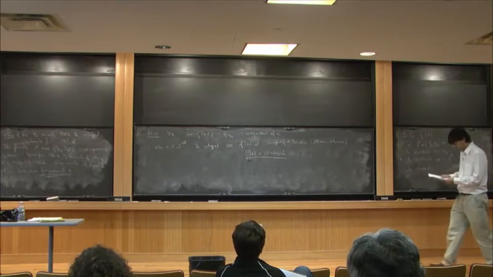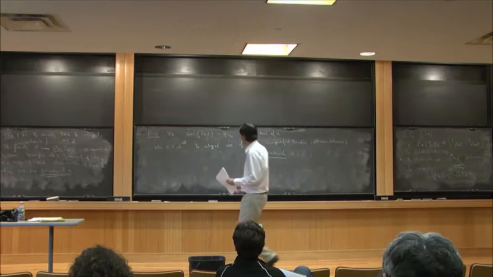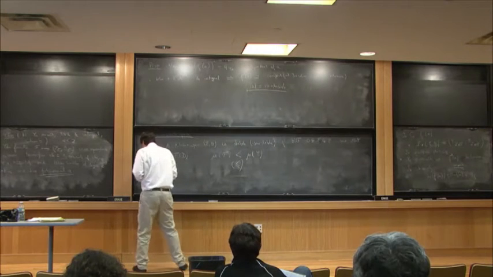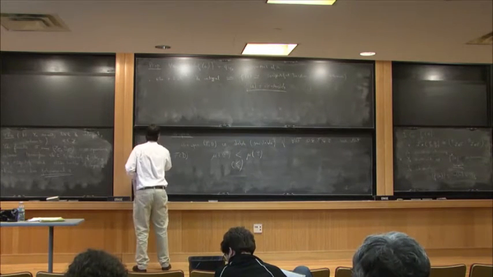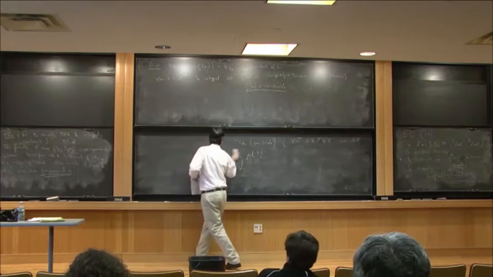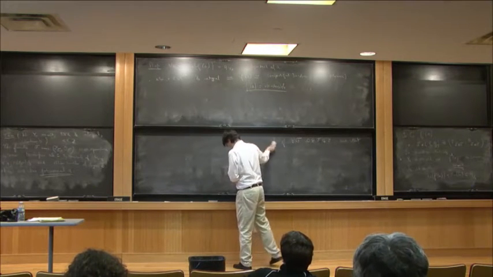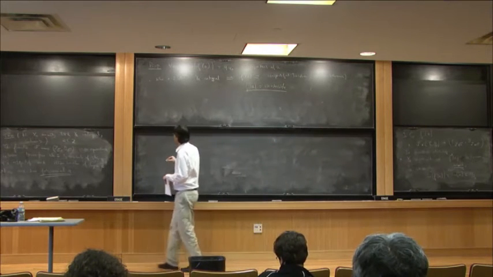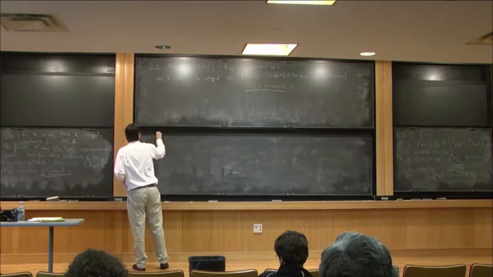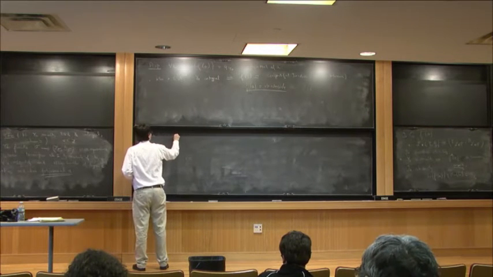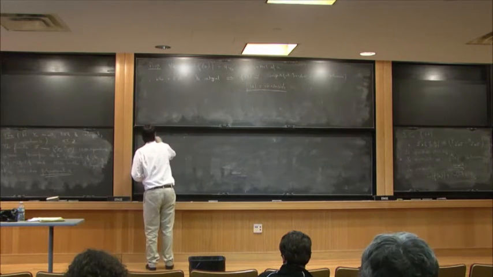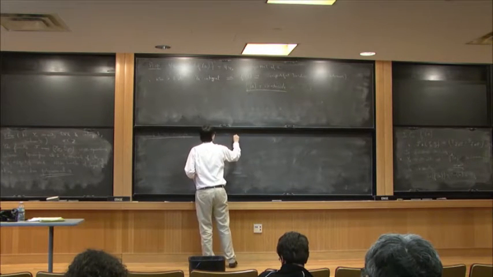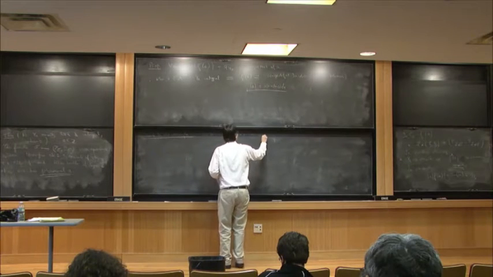So let me go back to my example. So back to the example, with C equal to P1, D equal to 2 infinity, and the rank is 2.